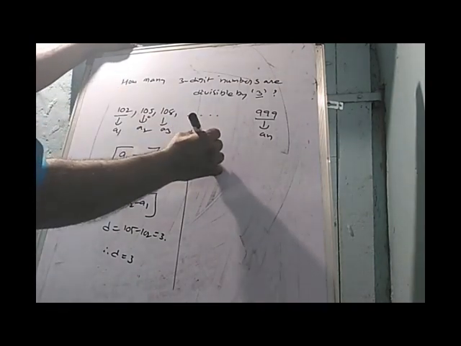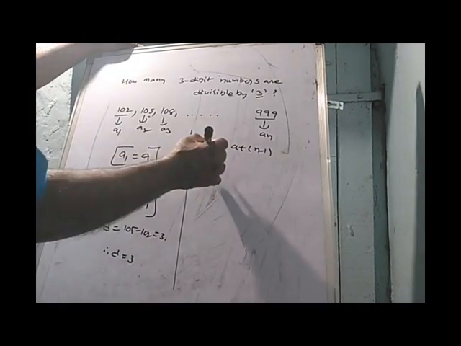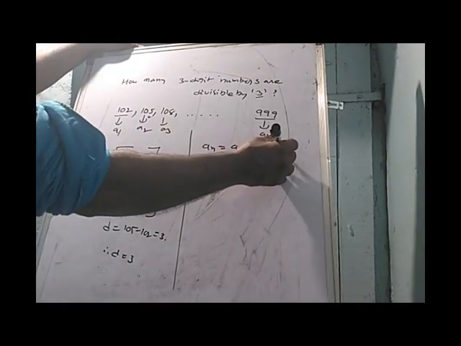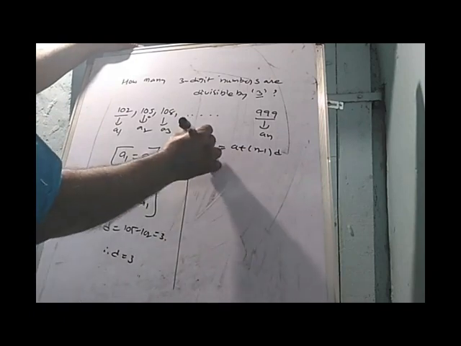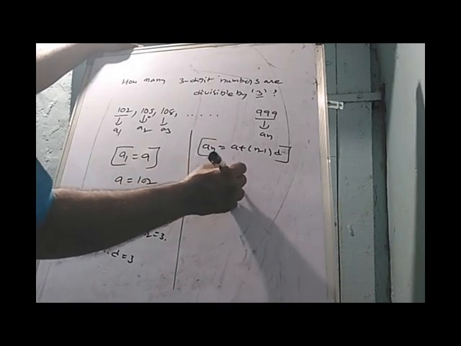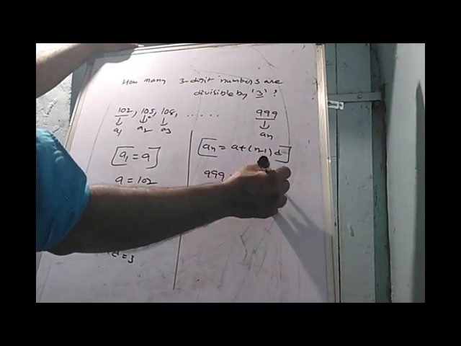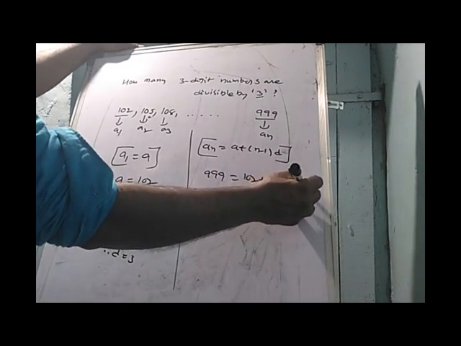We need to find how many 3-digit terms are divisible by 3. Let us see the nth term here, An equals 999. An equals a plus n minus 1 times d. This is the formula, and we apply the values. An is 999 equals a, which is 102, plus n minus 1 into 3.